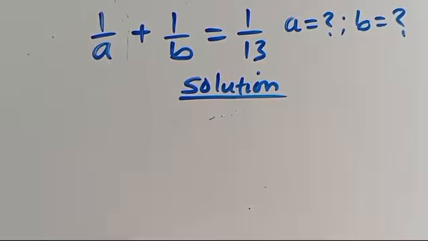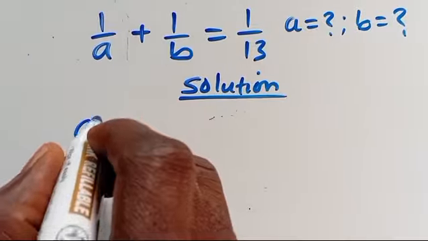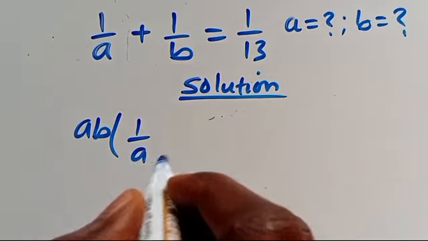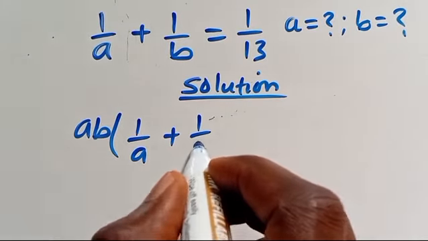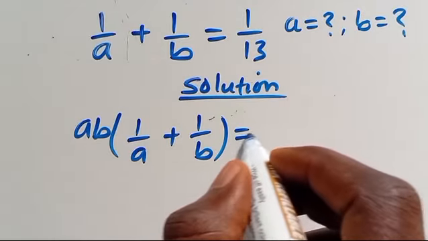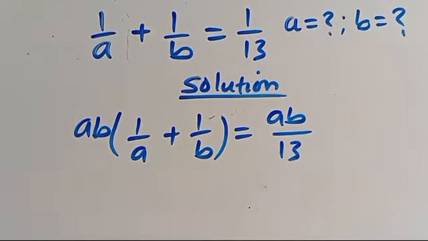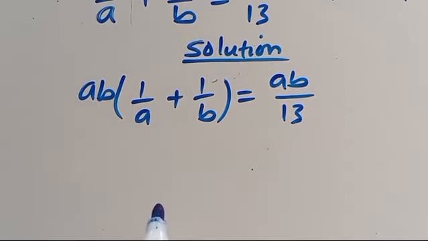Step 1, let's multiply through by ab. So we have ab times 1 over a plus 1 over b equals ab divided by 13. Let's open with ab.